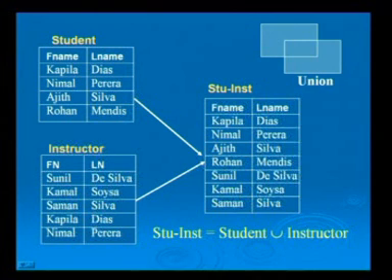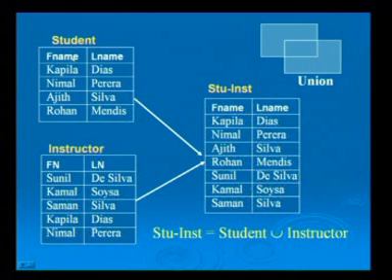This has first name and last name, 2 attributes. This one also has first name and last name, although it uses a different name for that, so their degrees are the same and their domains should be the same.